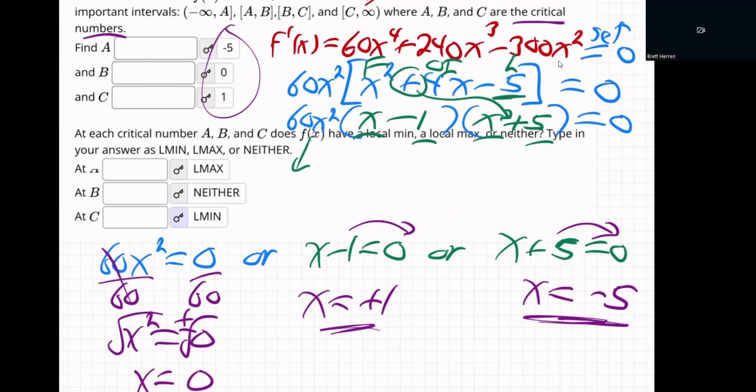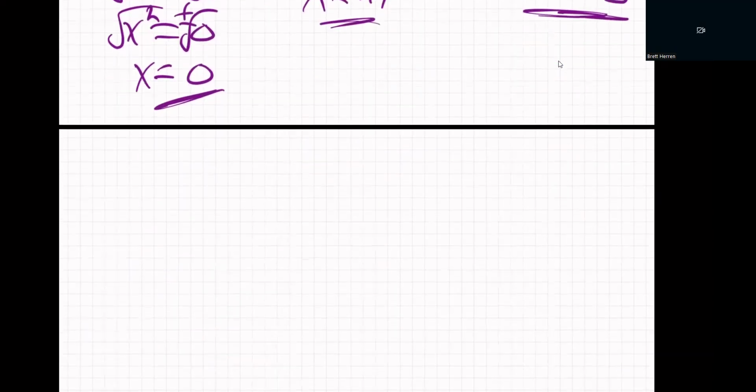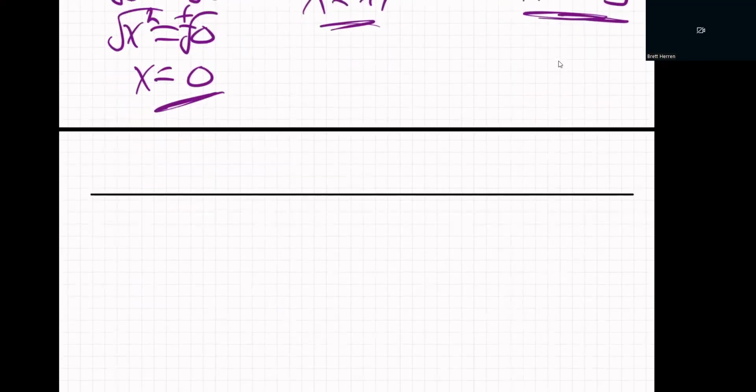And then they want us to figure out where we have local mins and maxes and stuff. Well, to figure that out, we've got to look at the number line interval thing. Put them in order again. What's the first one?